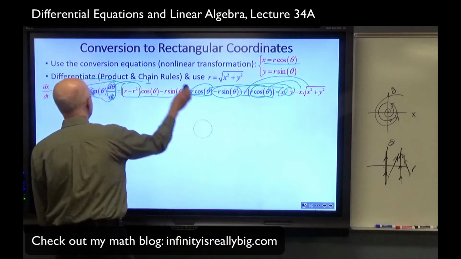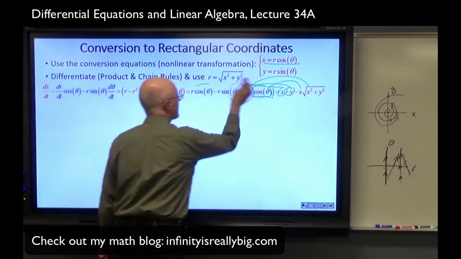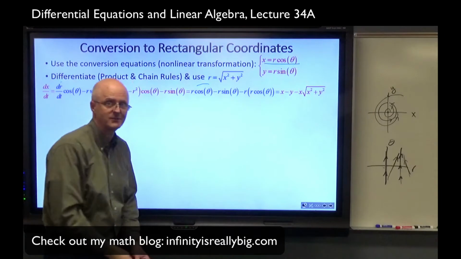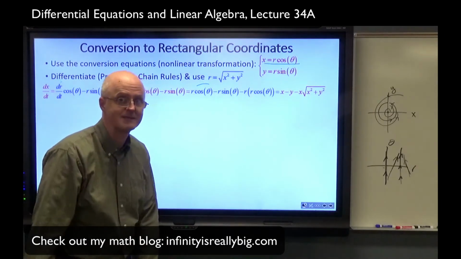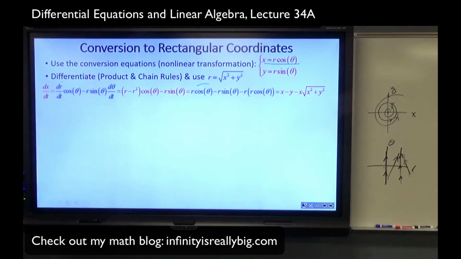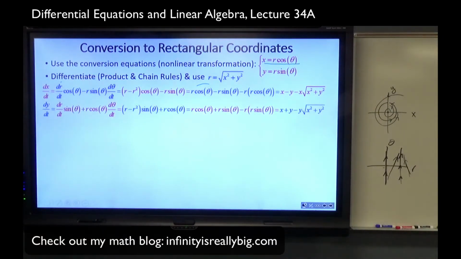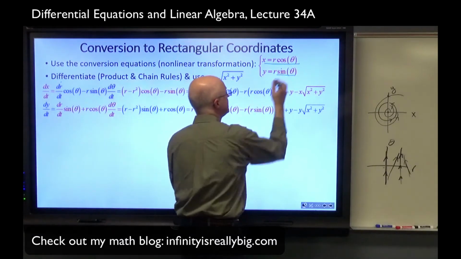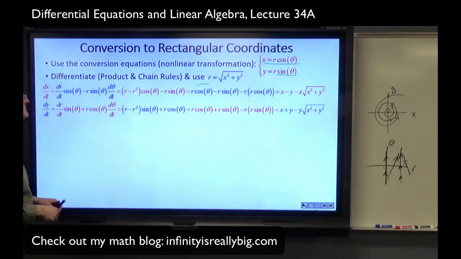And you can see in looking at this now, that final expression, x minus y minus x times the square root of x squared plus y squared, it would be difficult to come up with this if you didn't think about polar coordinates to begin with. And it's similar with the dy dt equation. Here are the details. Derivative of the first function times the second function, plus the first function r, cos theta d theta dt is the derivative of sine of theta with respect to t, using the chain rule.